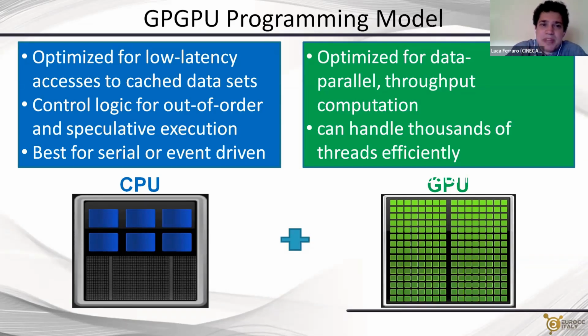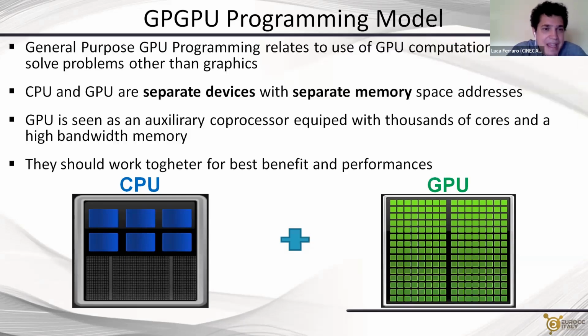CPUs are optimized for low latency accesses to cached datasets, so they are best used for serial operations or event-driven tasks. While, as we have already seen, GPUs are optimized for data parallel throughput computation, because they can handle thousands of threads efficiently.